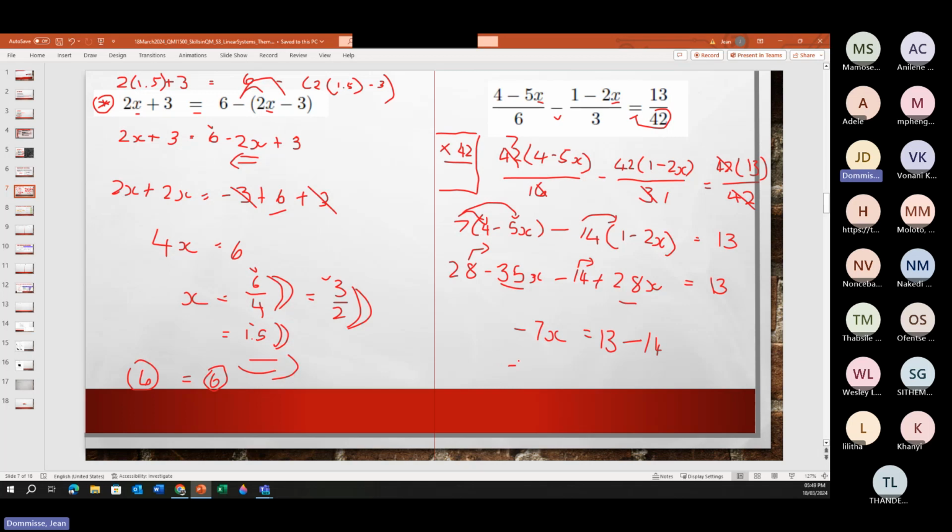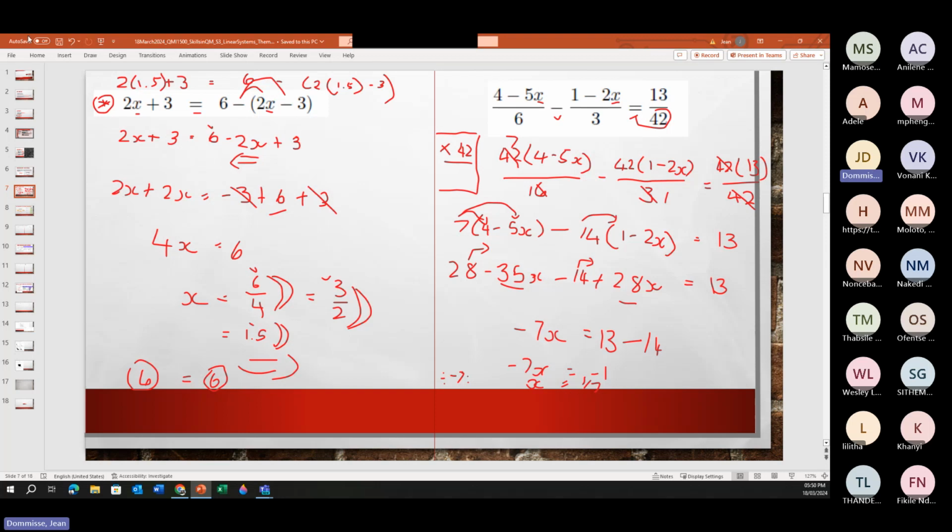So we now have minus 7x, which is equal to minus 1. So if we divide both sides by minus 7, we get x is equal to 1 over 7.